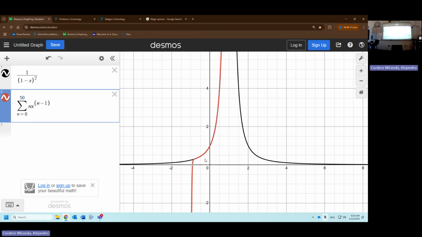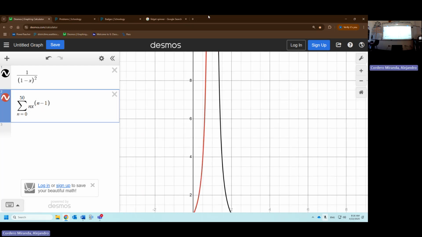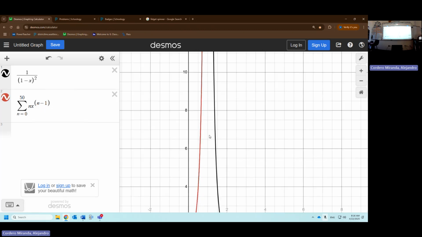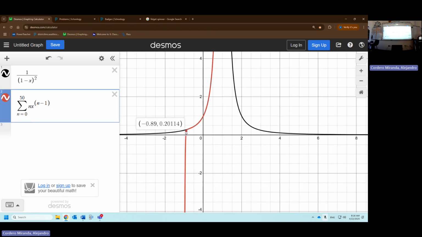Okay, there you go. The red matches it really well until it diverges. Within the interval of convergence, the red matches it exactly up until -1. Nice.